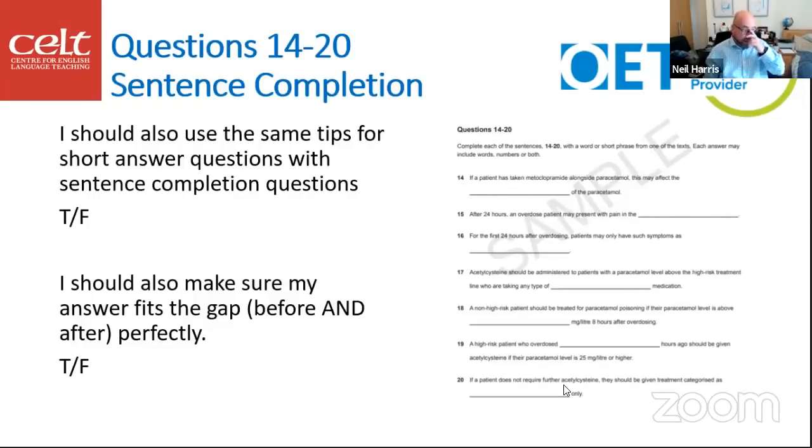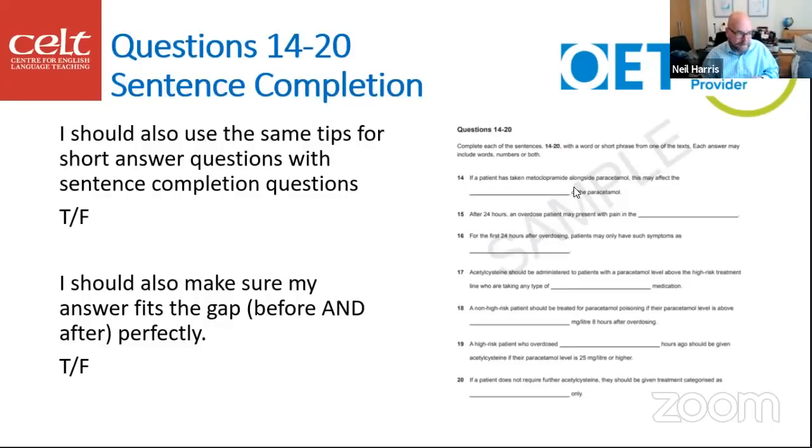Okay, and I've got two simple true-false questions for you here. They are: use the same tips for the short answer questions with sentence completion questions. So basically, those strategies you've just been using so successfully for questions 8 to 13, should we use those for questions 14 to 20? Is that true or false? And then secondly, make sure that your answer fits the gap.